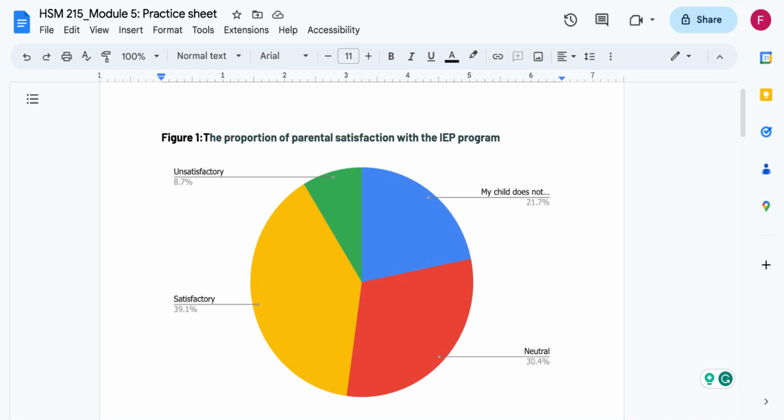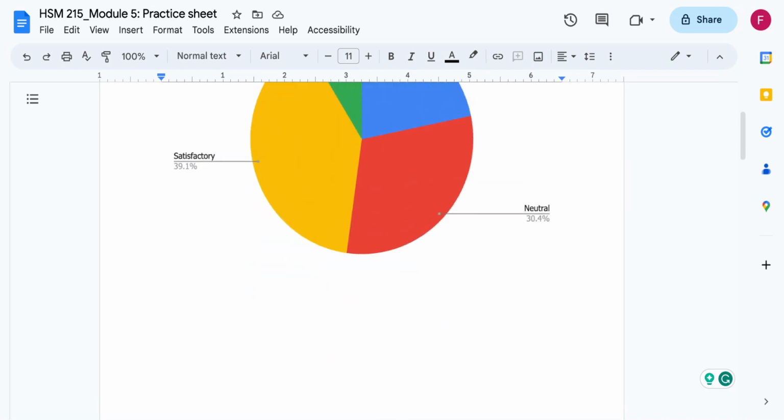This is because if the information that you are interpreting is coming from another source than what is in the graph, it can cause some confusion for the person who is reading the graph and trying to make sense of the interpretation that you have provided. So you want to stick with that information so that it's very clear.